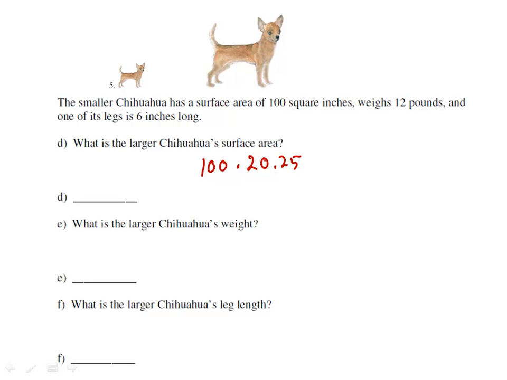So now, since they're similar, we use the area ratio here, which is 20.25. And you see we get 2,025 inches squared. If you use the fraction version of that, that was 81/4.